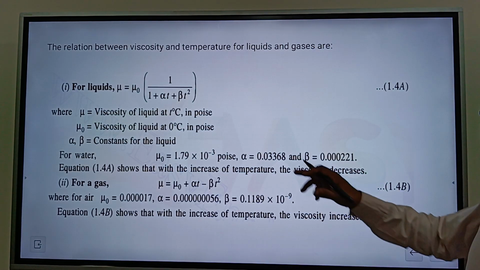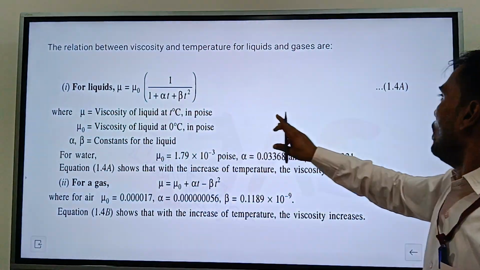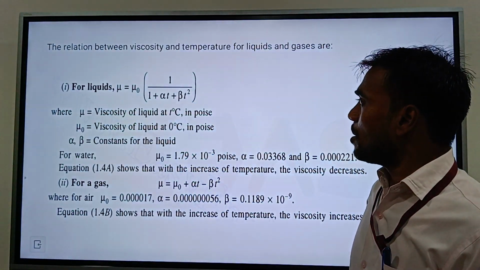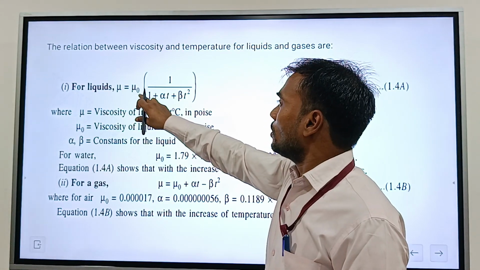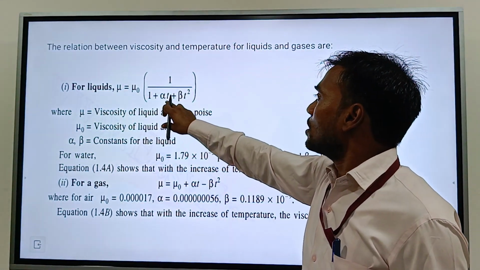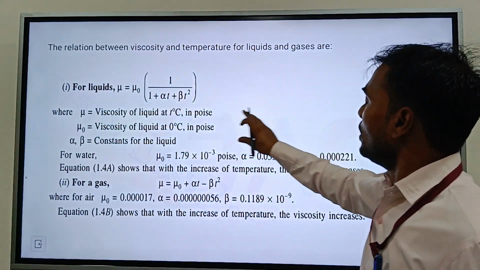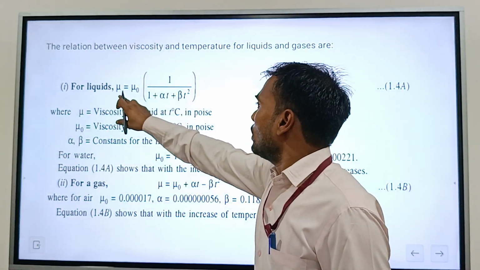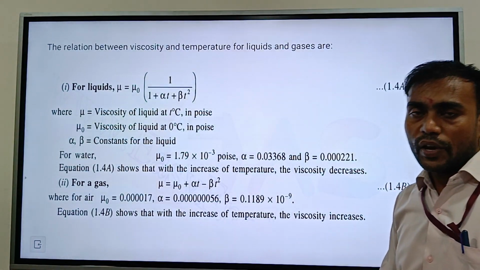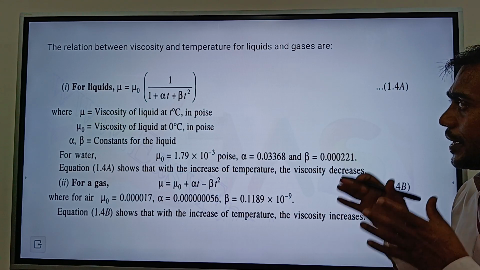Now there are two formulae given here. One is for liquid, which shows the variation of viscosity coefficient with respect to temperature. For example, mu is equal to mu naught into 1 by (1 plus alpha t plus beta t square). From this equation we can easily conclude that mu is inversely proportional to T. Means if we increase the value of temperature, then the coefficient of viscosity will decrease.